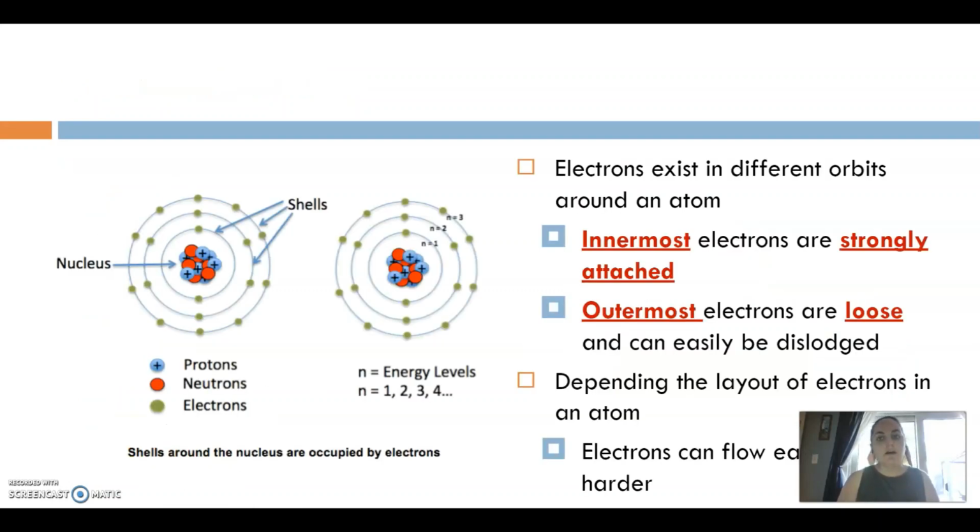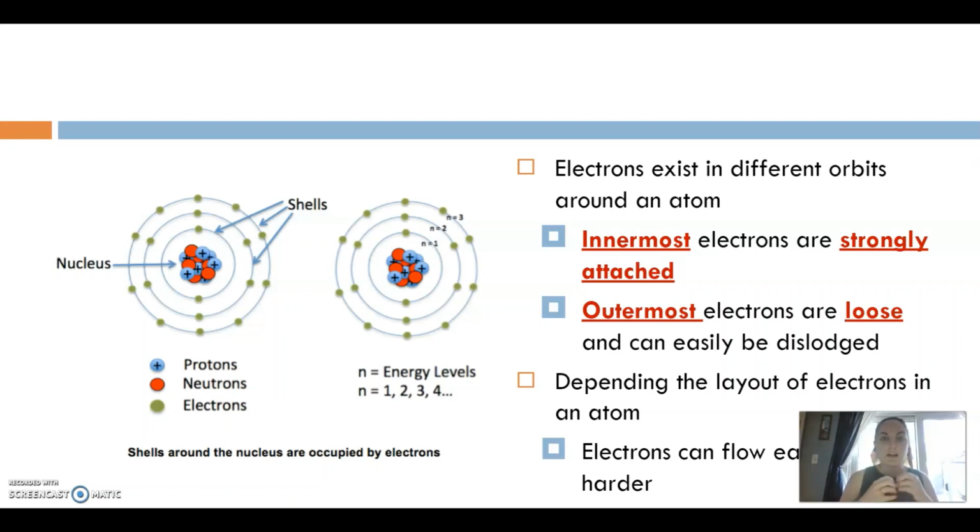The electrons are the only thing being transferred within your atom. The innermost electrons are strongly attached to the nucleus. Why? Well, the electron is a negative charge and your nucleus is positive, so the closer you get to that positive charge, the stronger the force of attraction between them.